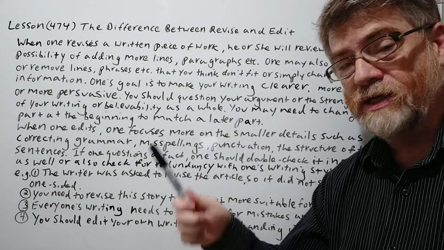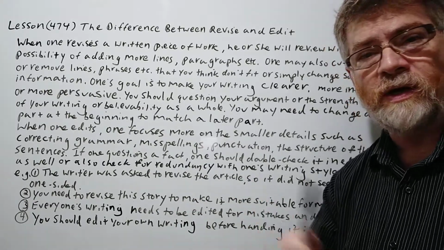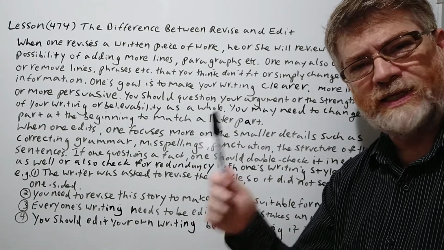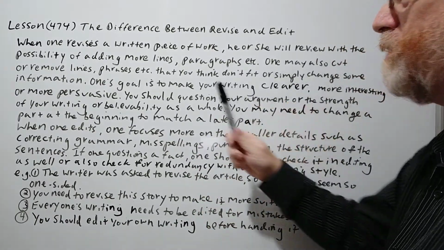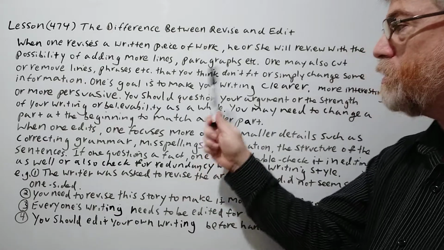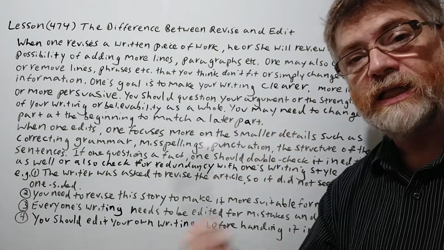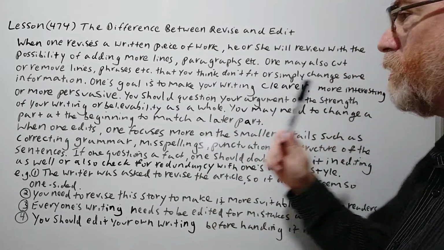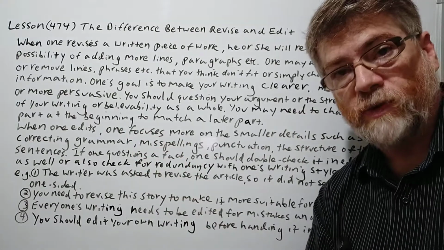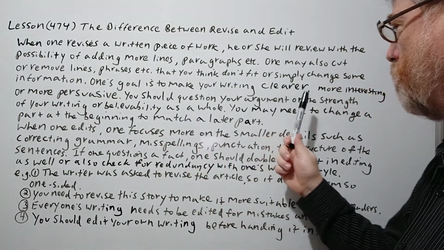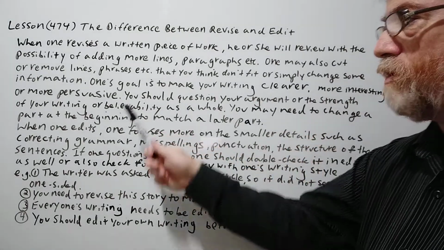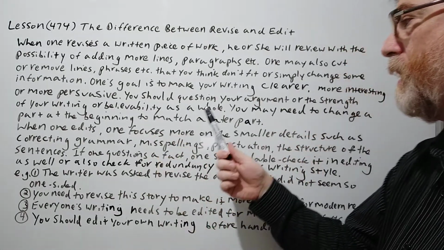Or maybe something doesn't fit with what you're writing now, or simply change some information. One's goal is to make your writing clearer, more interesting, or more persuasive. So you should question your arguments or the strength of your writing or believability as a whole.